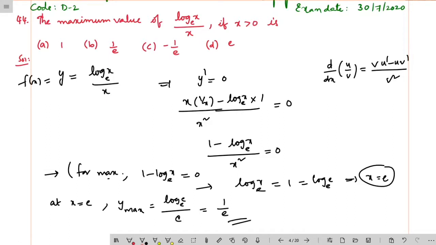So we can just consider maximum value of log x to the base c divided by x value is 1 upon e. So option B, 44th. So here let me write for maximum or minimum.